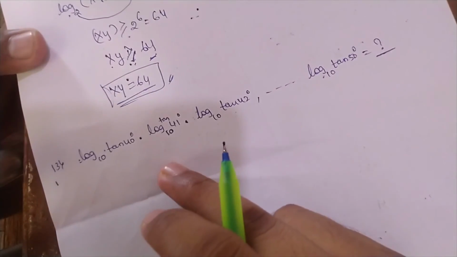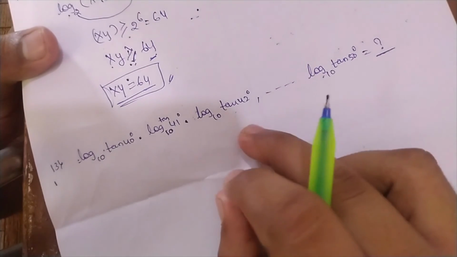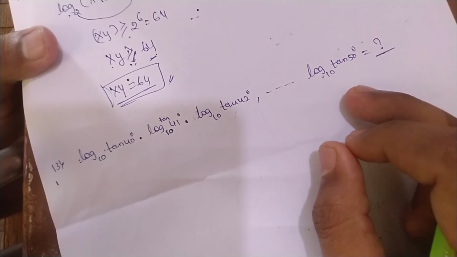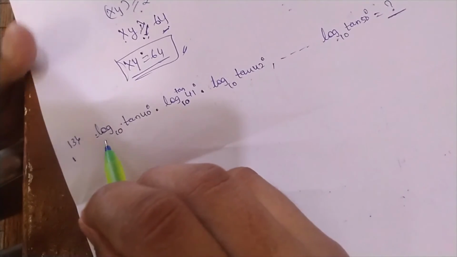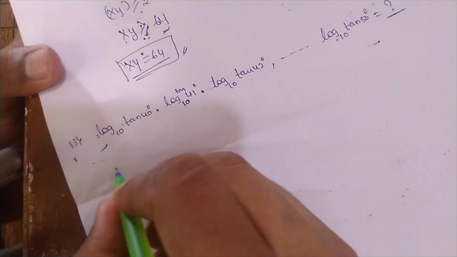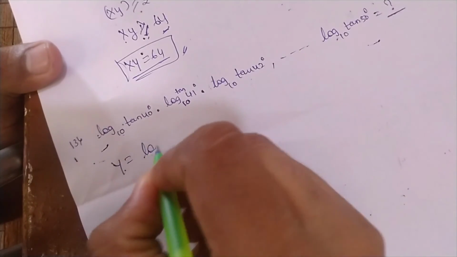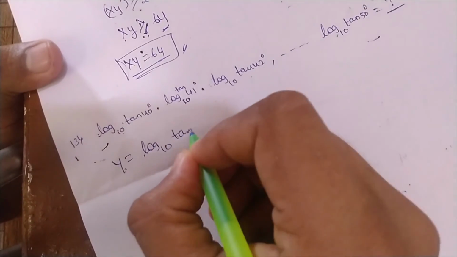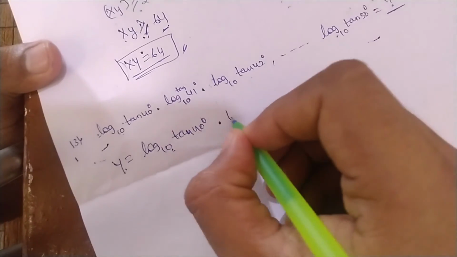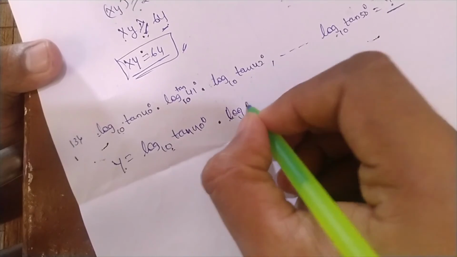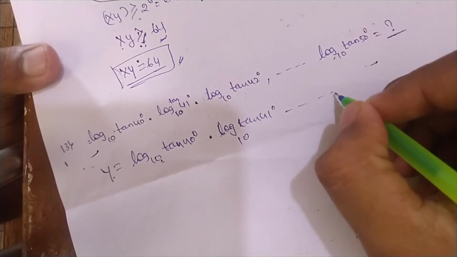So this is also a standard question, asked in terms of tan and cot. What is the value of this? Take y equals log tan 40 degree of base 10 into log tan 41 degree of base 10, and so on.